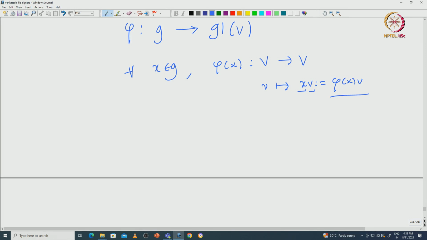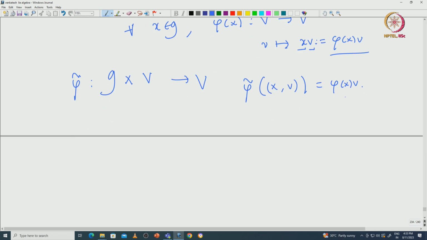You can define a new map from G cross V to V, which you can call phi tilde. This phi tilde maps x comma v to x v, which is phi x of v.